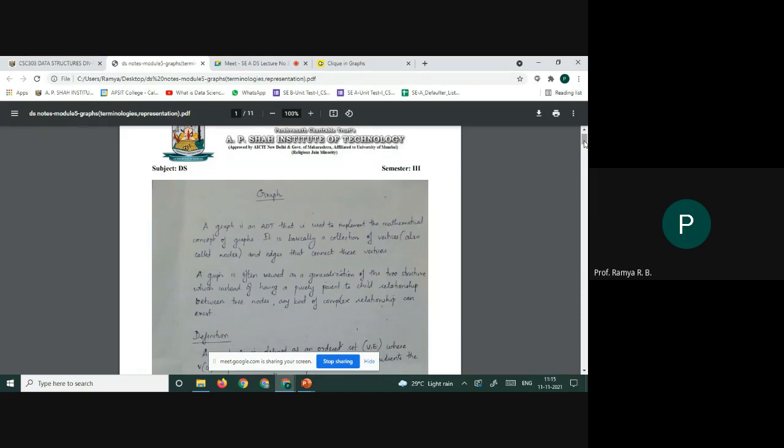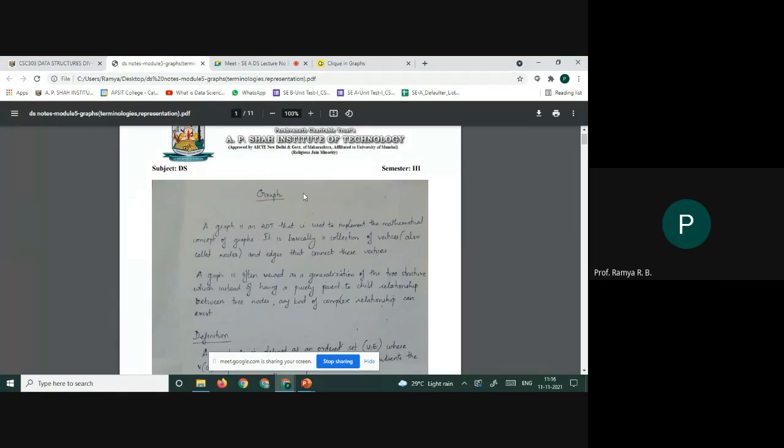Now, coming to graph. So you all know that trees are normally used to represent hierarchical relationships, right? Graphs can be viewed as a generalization of tree data structure. What do you mean by generalization of tree data structure? Does it mean that all graphs are trees or all trees are graphs?